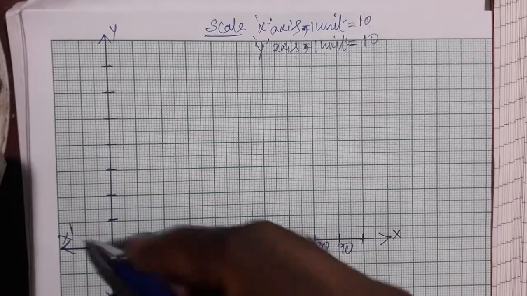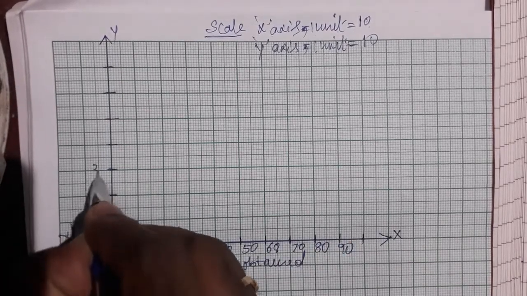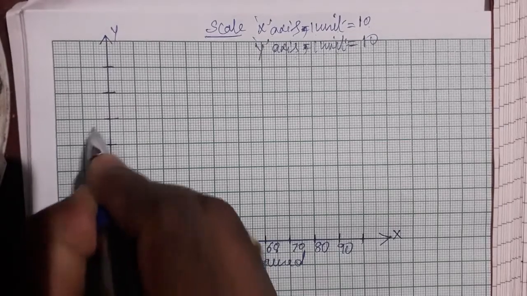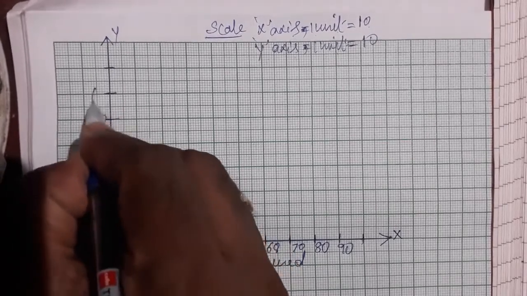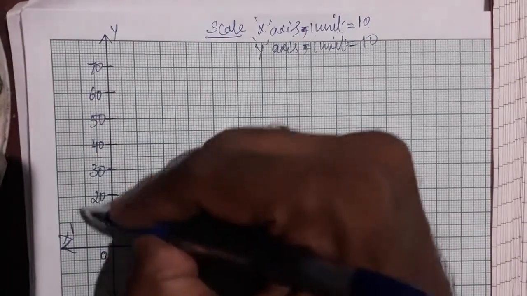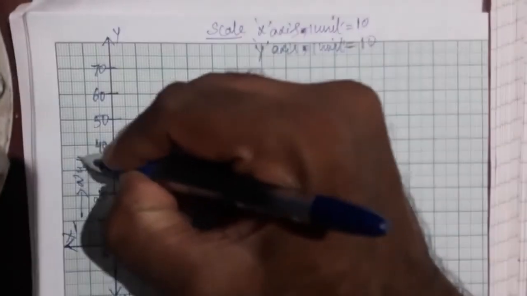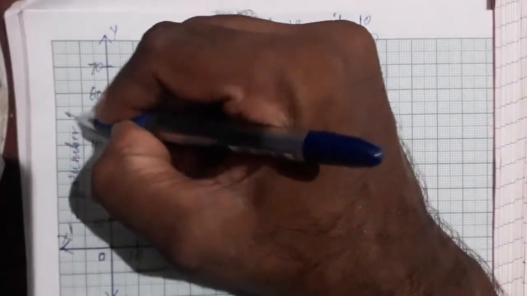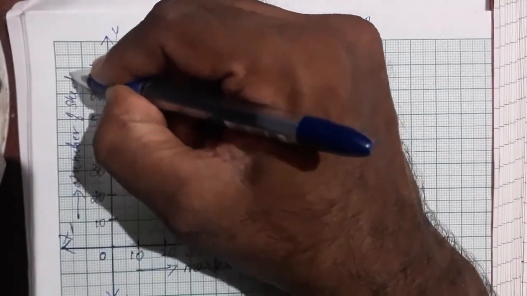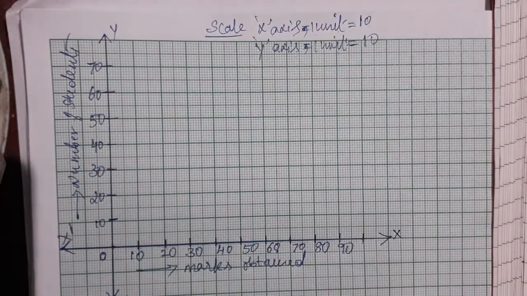Now y-axis 10, 20, 30, 40, 50, 60, 70. What is y-axis? Number of students. You have to represent everything on the graph sheet using pencil. For visibility and clarity, I am using pen.